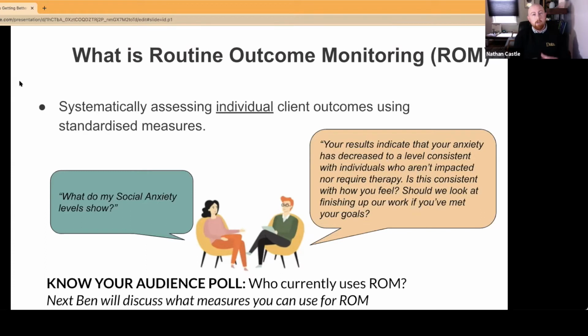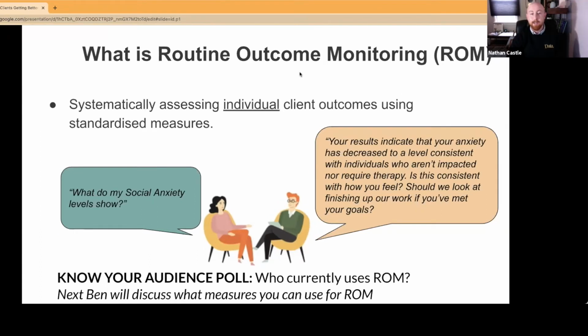So this is a really nice integration of the results of someone with social anxiety and their progress across treatment. Importantly, it doesn't make the decisions for you. You need to collaborate with the client and find out whether that works for them. I'm going to throw over to Ben and go over to the next slide now.